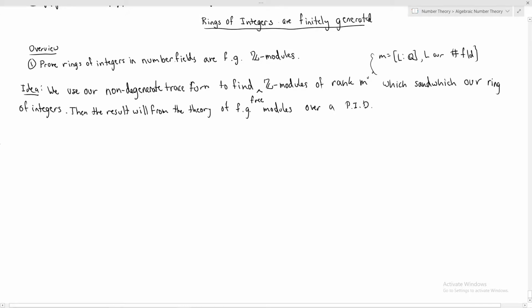So our main result is the following proposition. This is going to be 22.1, proposition.